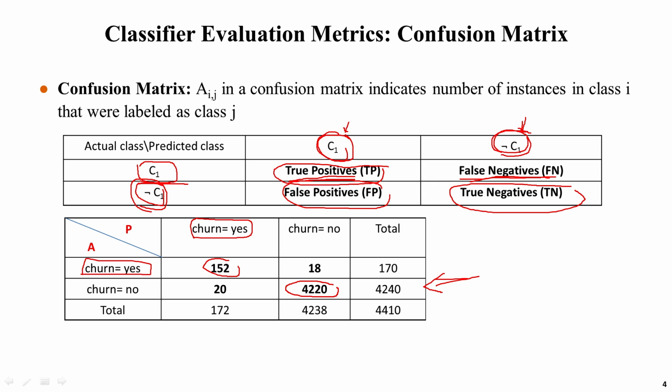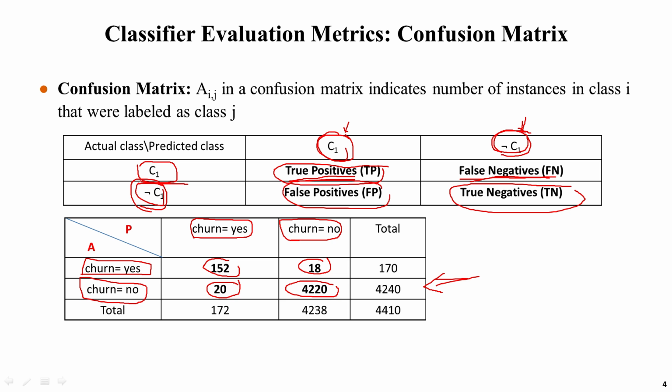And 4,220 instances from the class churn equal to no correctly classified as no. There are a number of instances misclassified from yes to no and from no to yes.